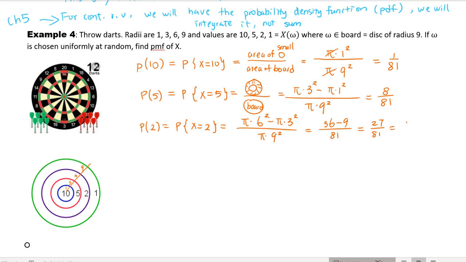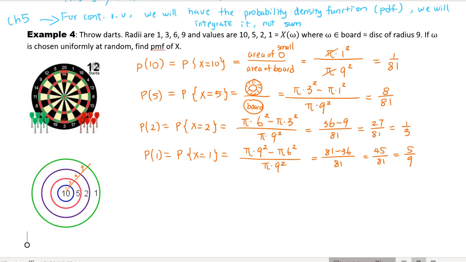Well, that is the same as 1/3. And then finally, P of 1 is P of X equals 1. That's pi times 9 squared minus pi times 6 squared over pi times 9 squared. So 81 minus 36 over 81, which is 45 over 81. Okay, we can divide it by 9, so 5 over 9 is the answer.